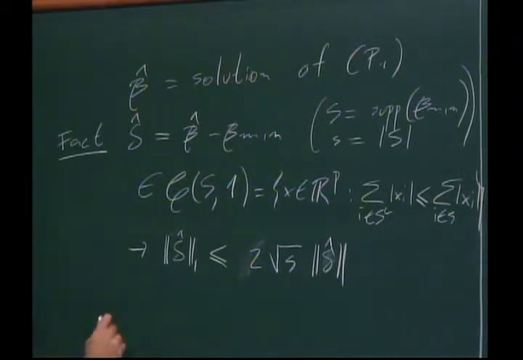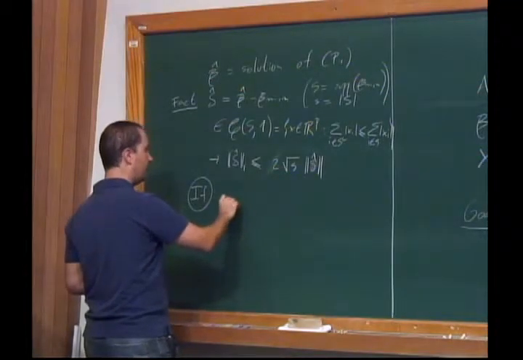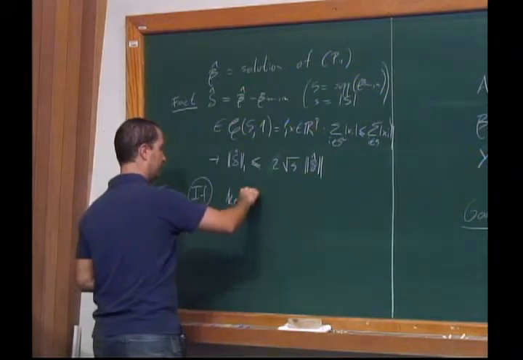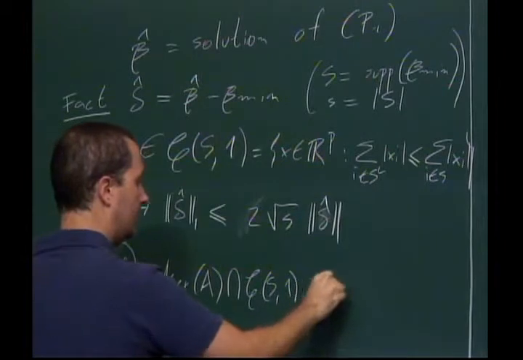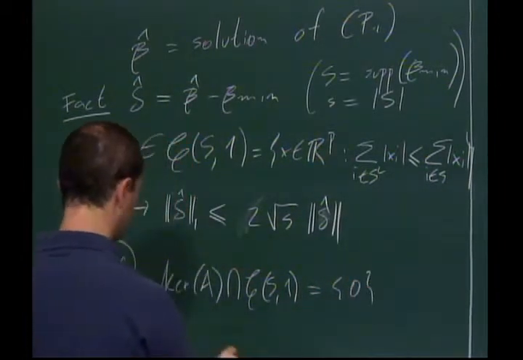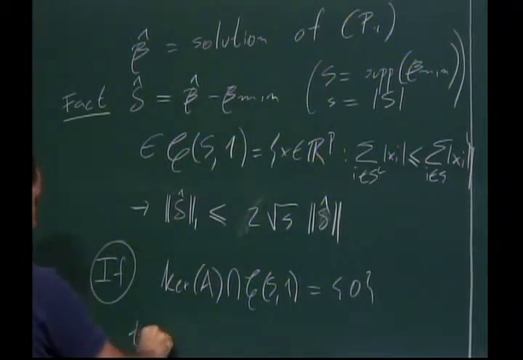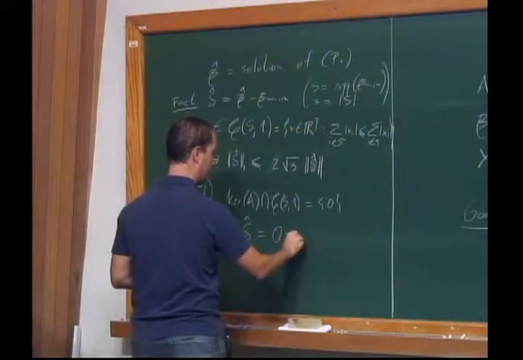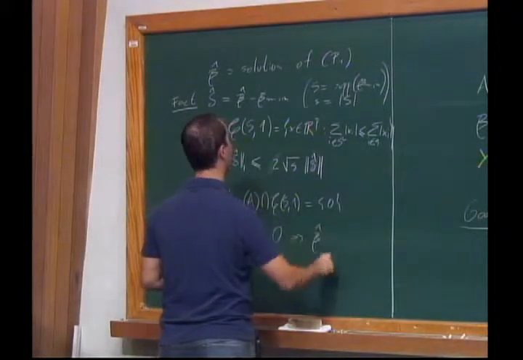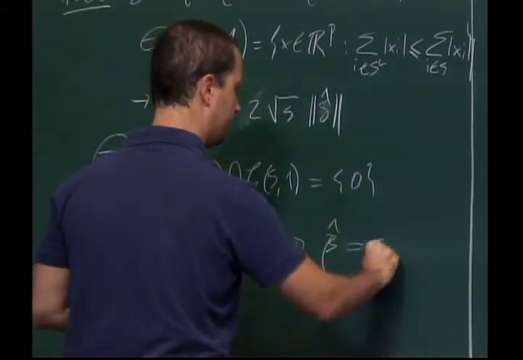And then we argued something, which was that if the kernel of A intersection the set only contains the zero vector, then delta hat must equal 0, which means that beta hat must equal beta min.